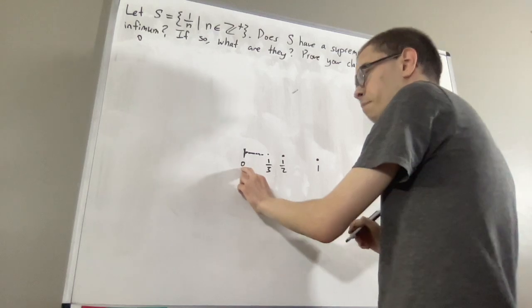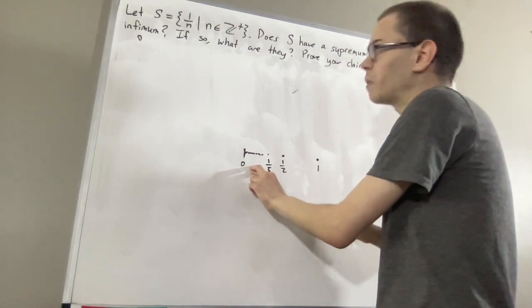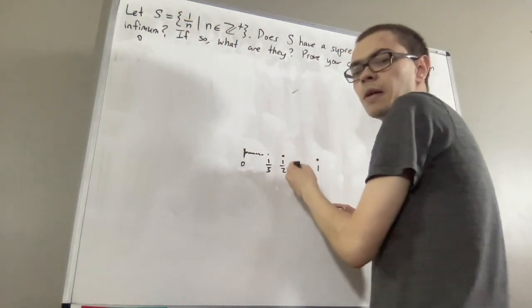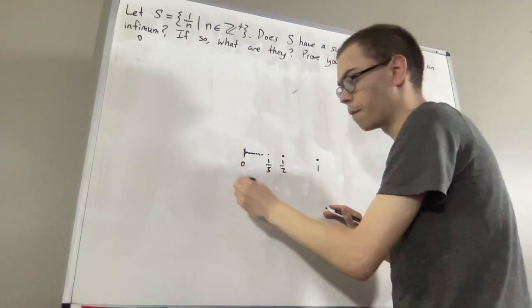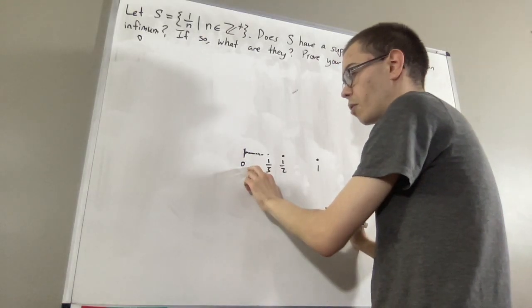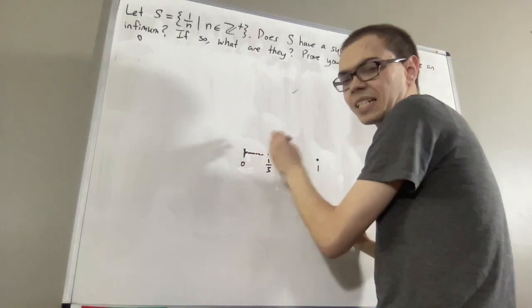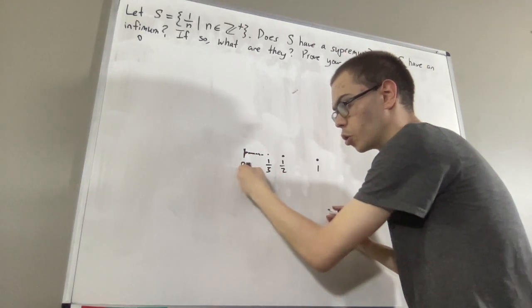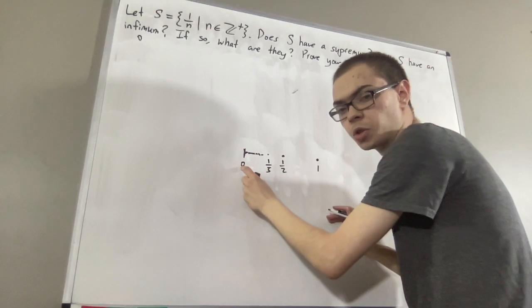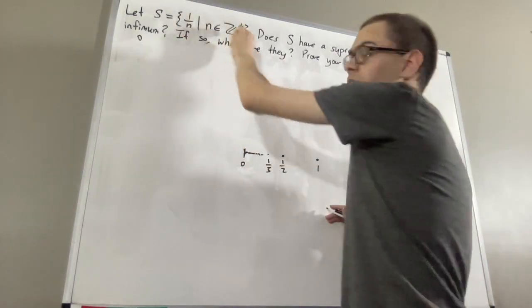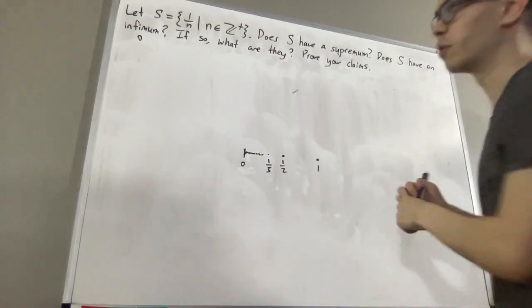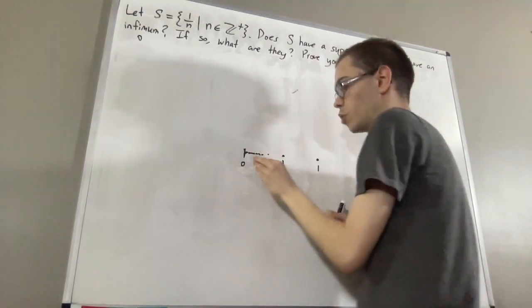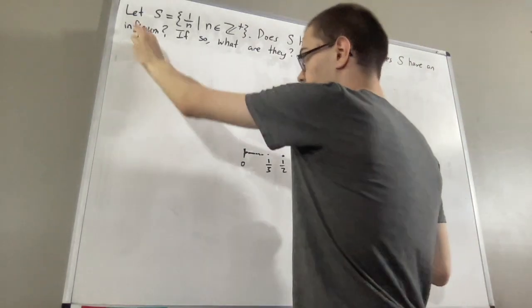If we consider anything bigger than 0, well, we should be able to find an element of the set less than it, right? If you consider anything bigger than 0, if you basically travel anywhere further from 0 to the right on the number line, you should immediately pass some element of S, essentially, right? It seems reasonable to claim that 0 is the infimum of S.